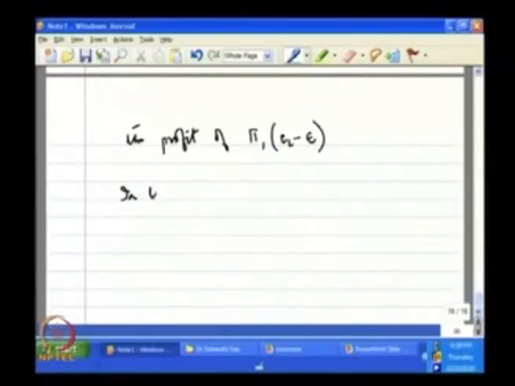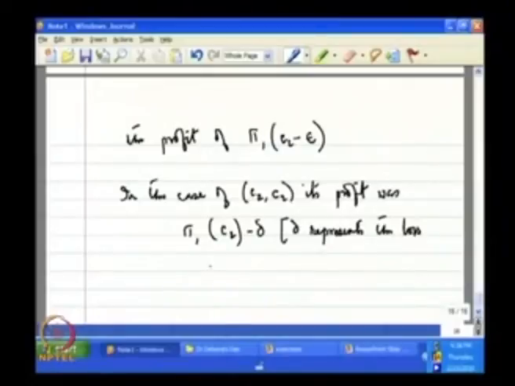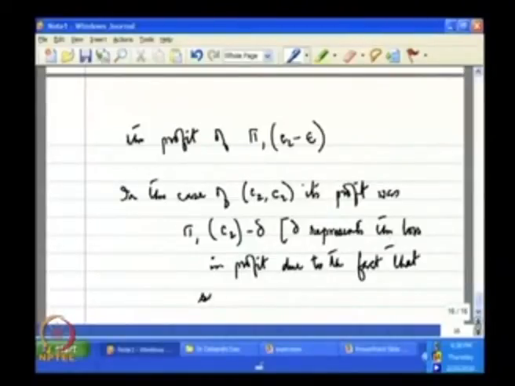In the case of C2, its profit was this minus, suppose delta represents the loss in profit due to the fact that some customers are going to 2.